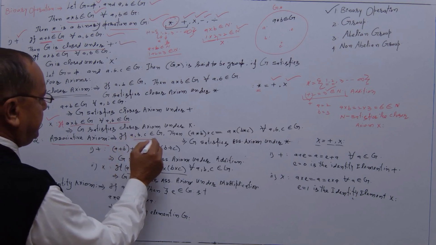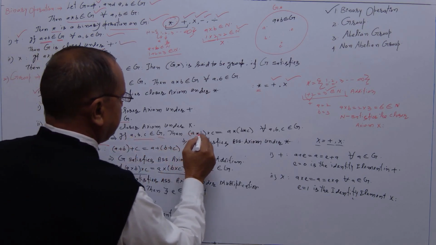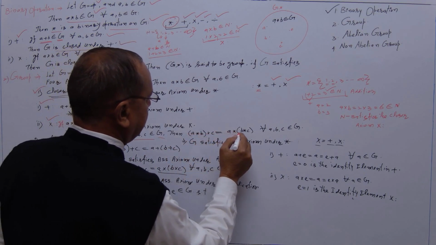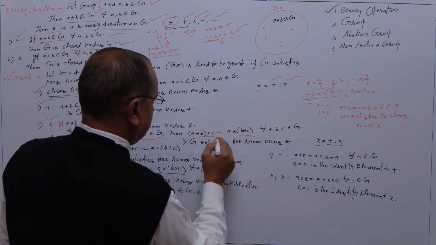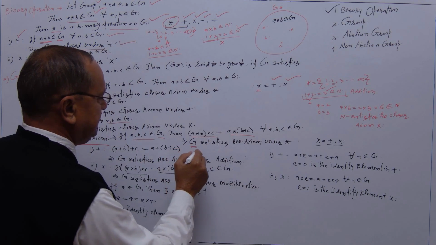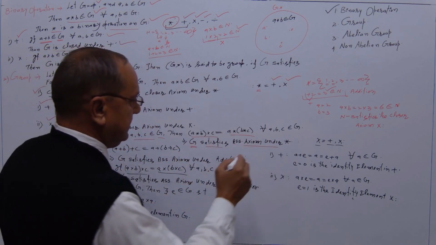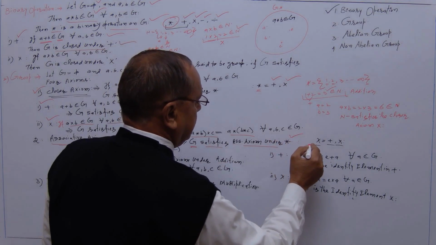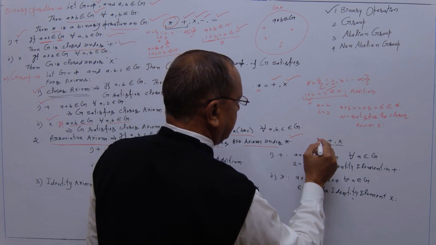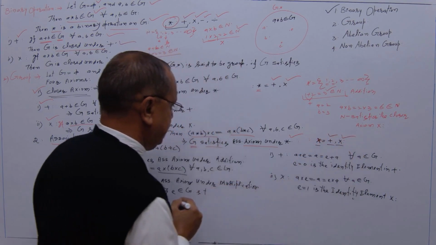If a, b, c are elements of set G, then a star b star c is equal to a star of b star c. If both values are the same, then it means set G satisfies the associative axiom under star.